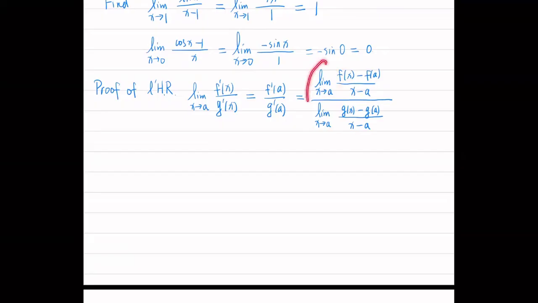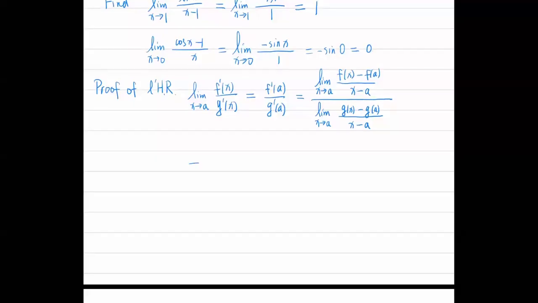We assumed both limits exist, then the quotient of the limits equals the limit of the quotient.